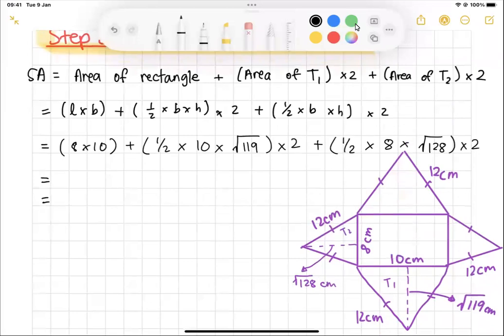Put that all into your calculator, and you should get 280 centimeters squared to the nearest centimeter squared.